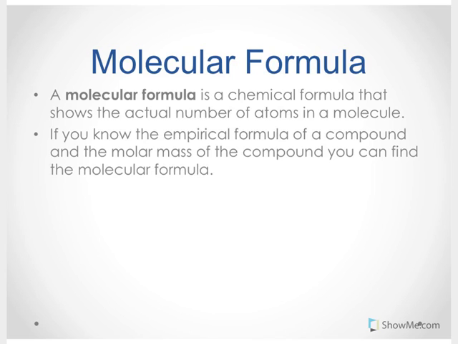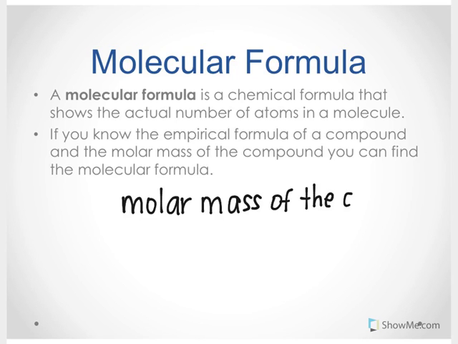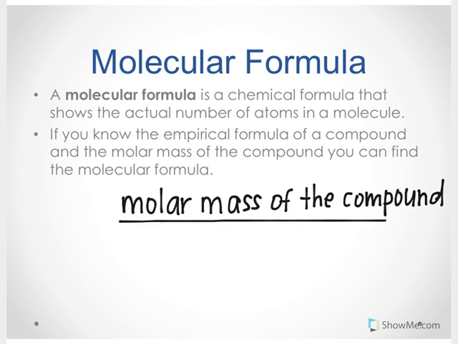The equation you're going to use to do that is you're going to take the molar mass of the compound, which will be given to you in the problem, and you're going to divide it by the mass of the empirical formula.